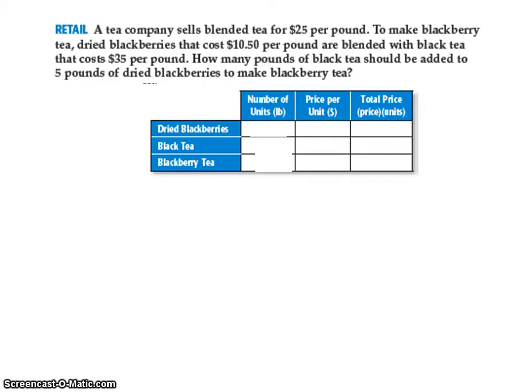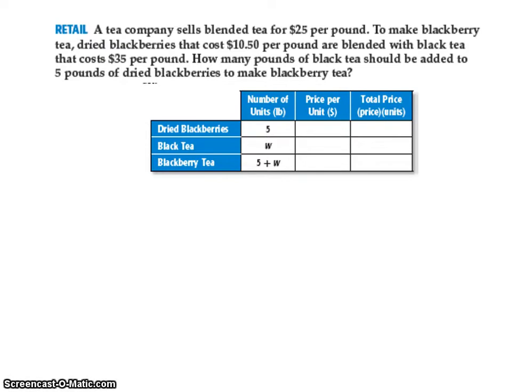Well, let's start with all the numbers of units. We know on the dried blackberries we have 5 pounds. That's in the final question statement, isn't it? We're looking for how much black tea to add. And so 5 plus W, to find the total amount of pounds that would make up the mixture.